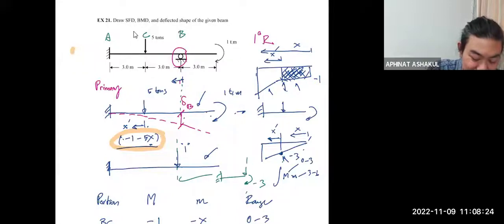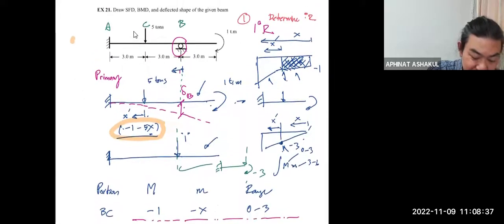Okay, this is step number one: we determine the degree of redundancy. So we know it's 1 degree of redundancy. Step number two is to create the primary structure.